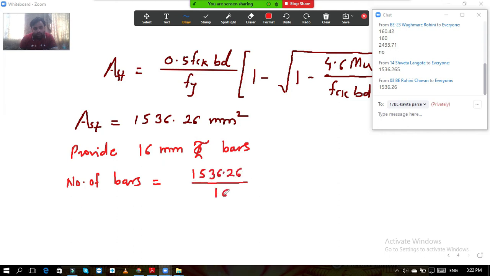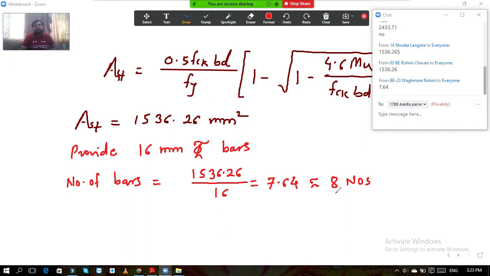So you will get the number of bars 7.64. We cannot provide 7.64 numbers, so we will round it up to 8 numbers. So 8 bars, and each bar is having a diameter of 16 mm.